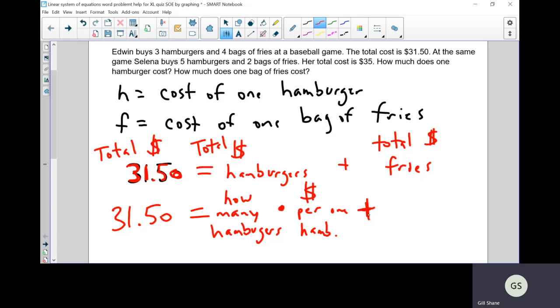It's how many bags of fries, and then times the dollars, or the cost per one bag of fries. So again, in words, that's my equation.